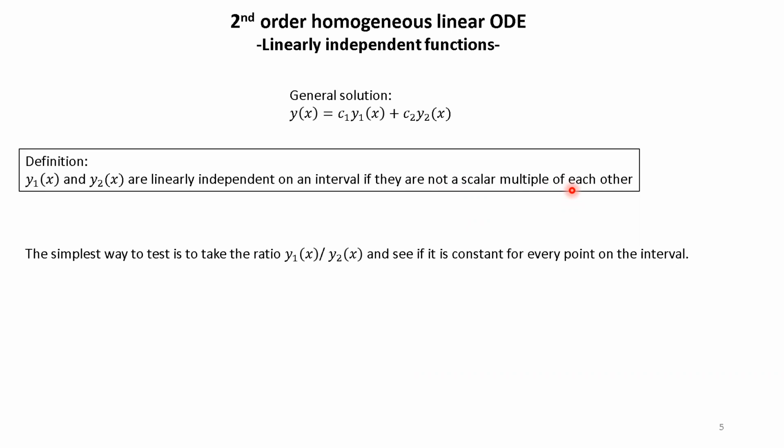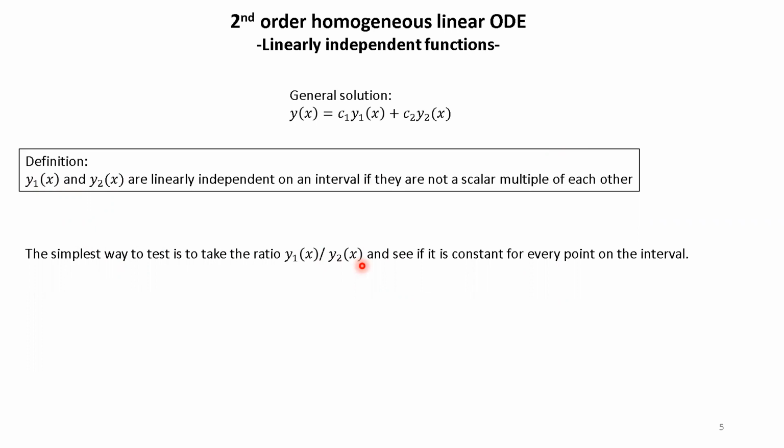That's it, so simple. And the simplest way to test whether these two functions are linearly independent is to take the ratio and see if it's a simple constant, independent of x.